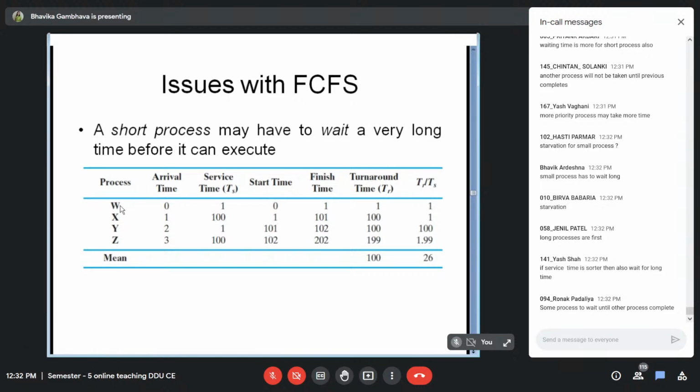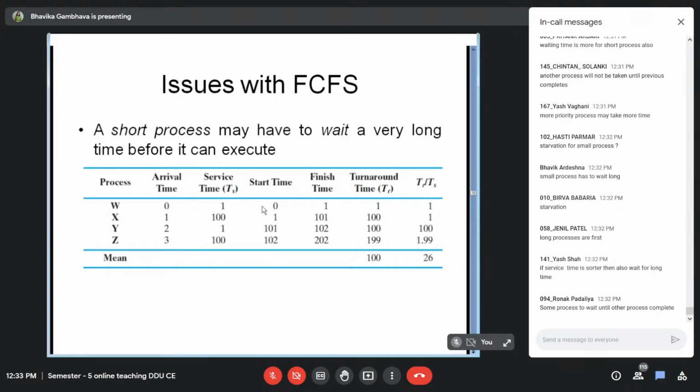Let us see this example. There are 4 processes, W, X, Y, and Z. Arrival times are 0, 1, 2, and 3. W and Y are tiny processes. They just want one time slot. And X and Z are the monster processes which require 100 time units.